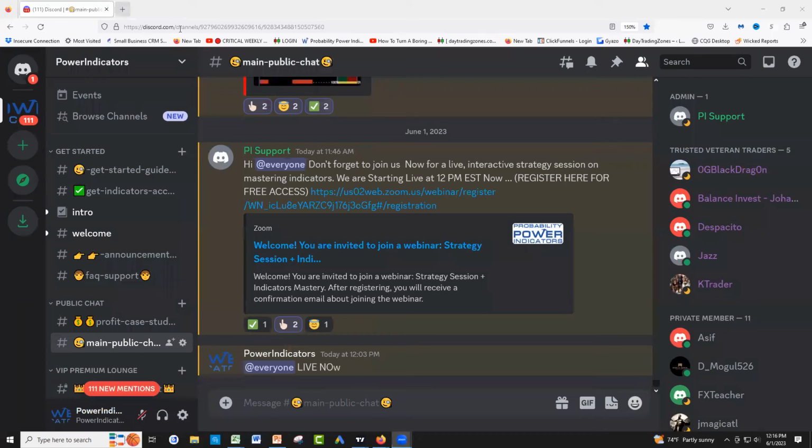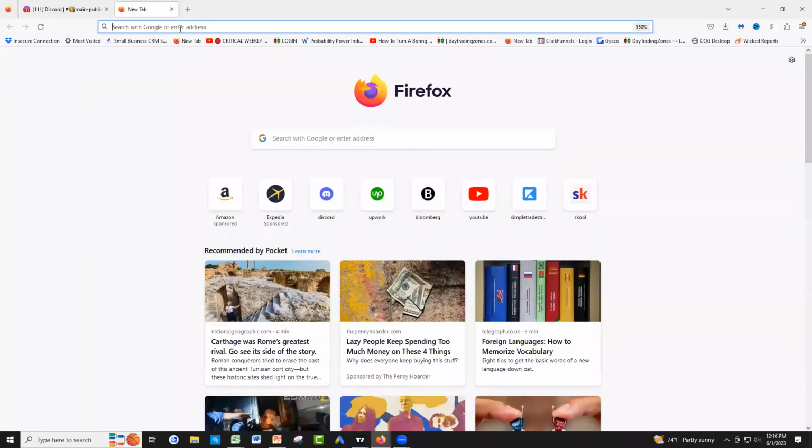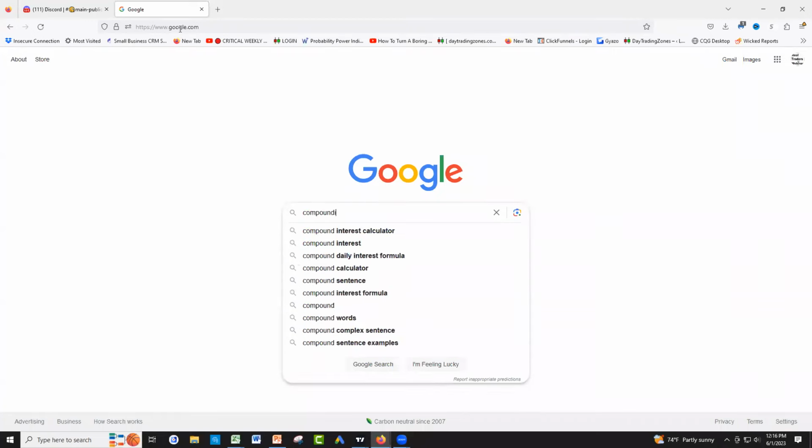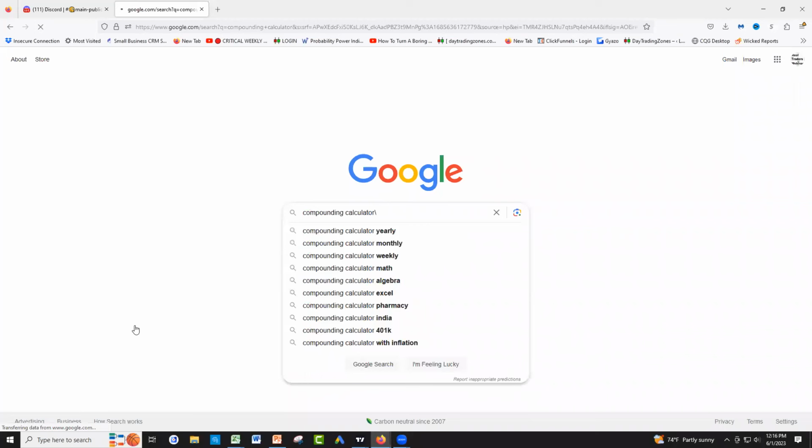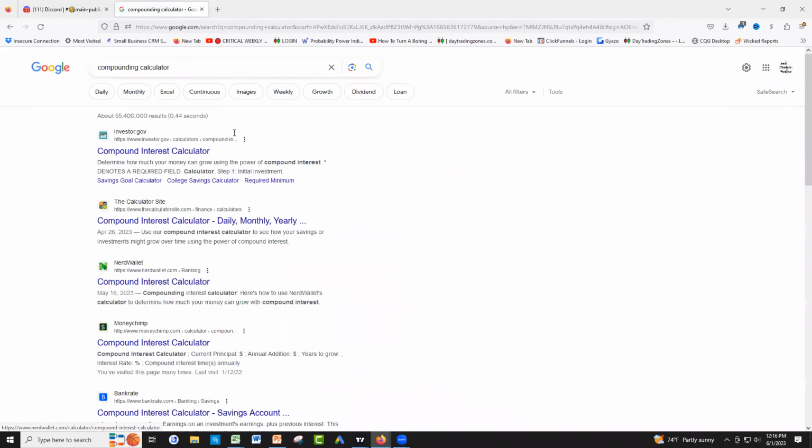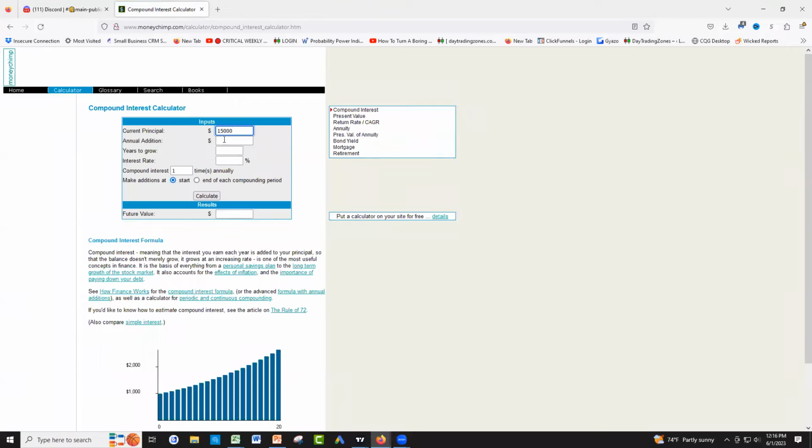You go here, and you take a compounding calculator. All you need is to be obsessed, right, by that 20% return. Look, if I have $15,000 to invest and I make no additions and I have 17 years to grow this, and it's going, let's say, 22%, 2% above Warren Buffett, look, it's at 400,000.